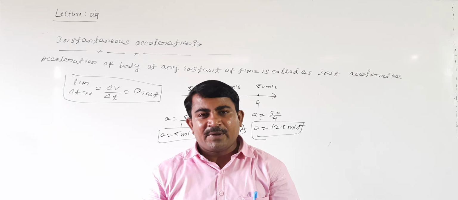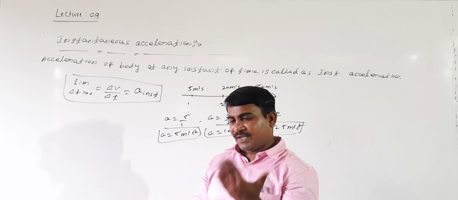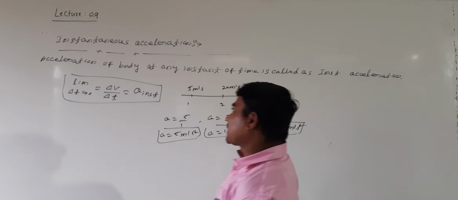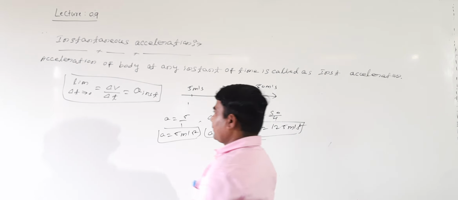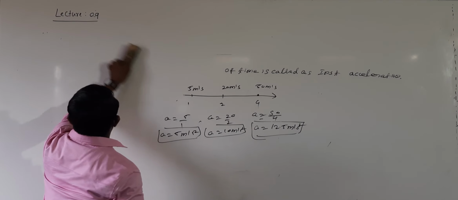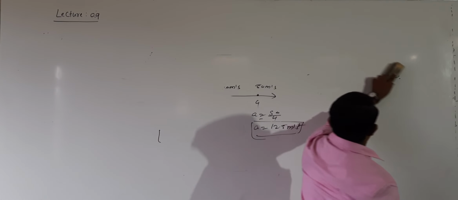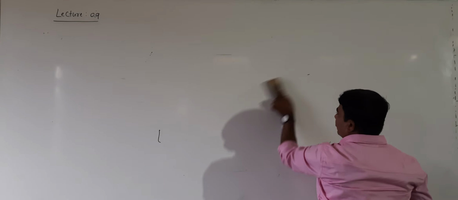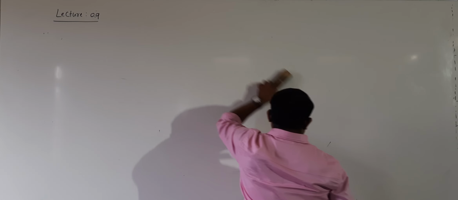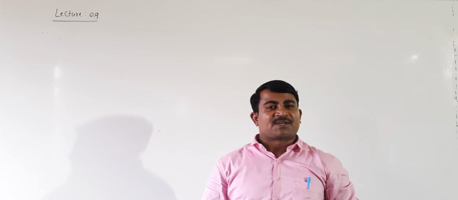But taking an example, how to take the instantaneous acceleration of the body, I will explain. See here, how to solve for the instantaneous acceleration of the body. Shall I give you directly one numerical on instantaneous acceleration?